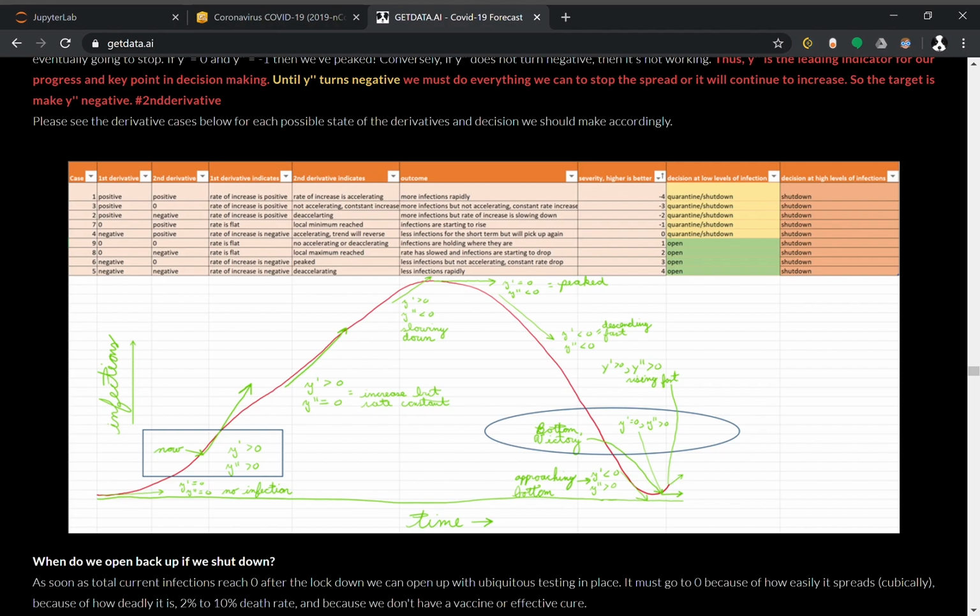In the beginning, it picks up, and then it turns over, and then it comes down. When this turnover happens, the slope at this point is still positive, but over here the slope goes to 0. It flattens, and we say that y prime, the first derivative, is equal to 0.